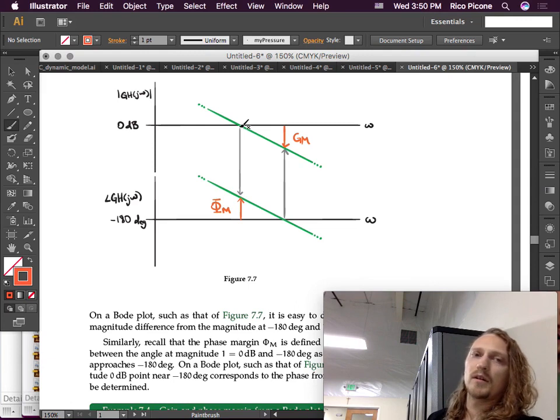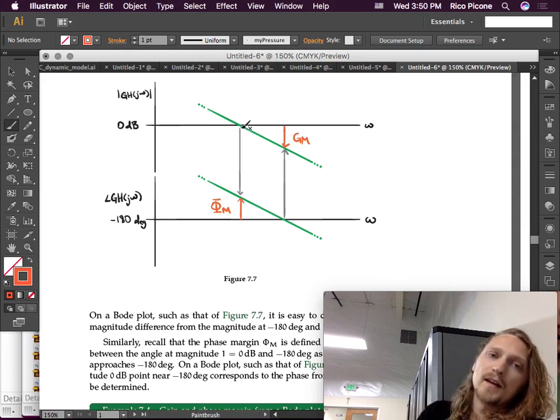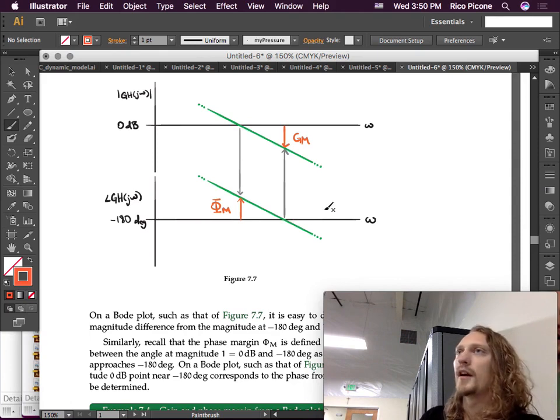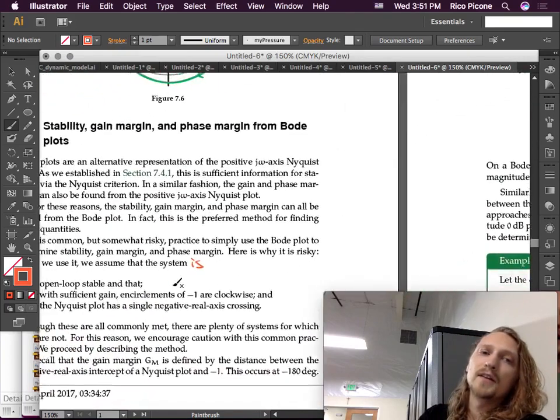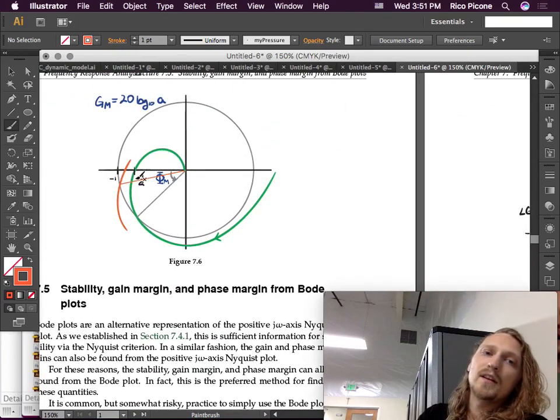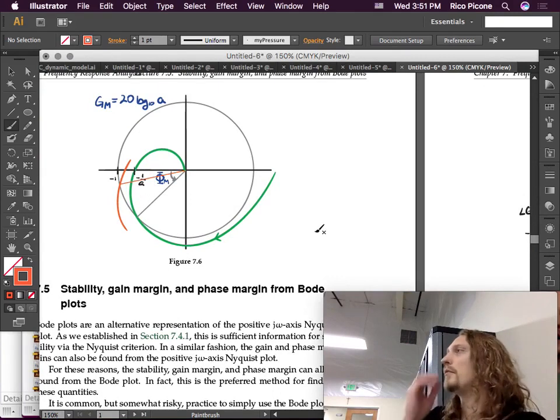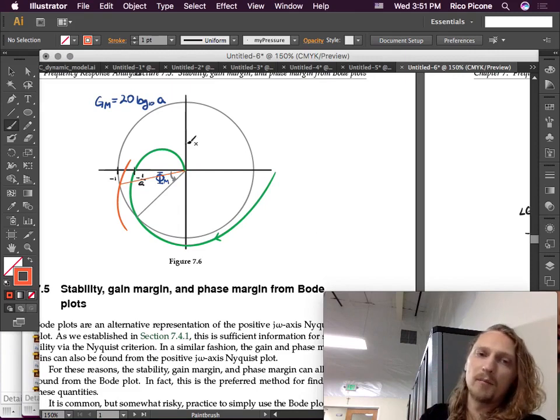So magnitude 1 is there, and then at negative 180 degrees is also the region that we care about as well. So we care about magnitude 1 and negative 180 degrees. This is similar to what we're looking at here, but we're not putting them on a polar plot.